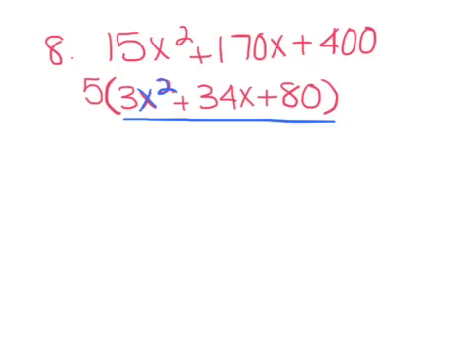What method do we use when the leading coefficient, the number in front of x squared, is not 1? Corey? Right. So I'm going to do 3 times 80. And I get 240. Now I need factors of 240 to give me 34, the middle term.